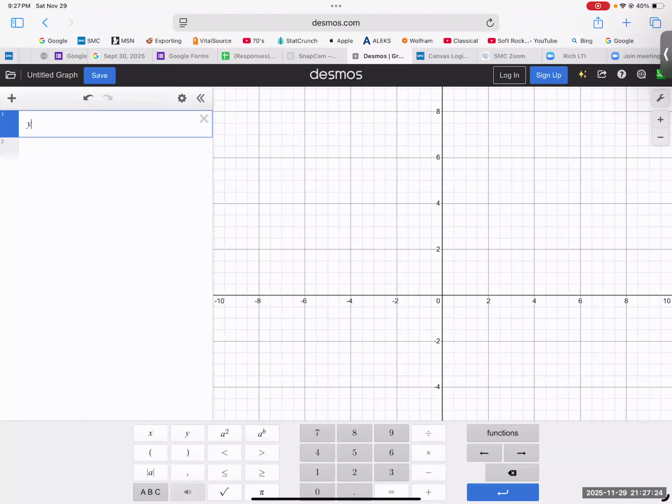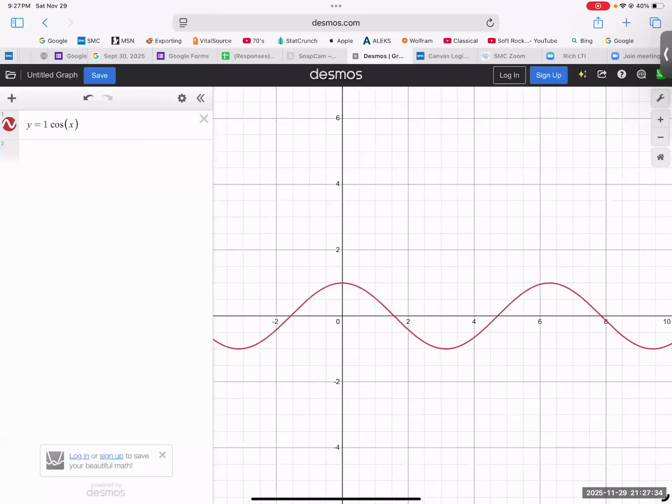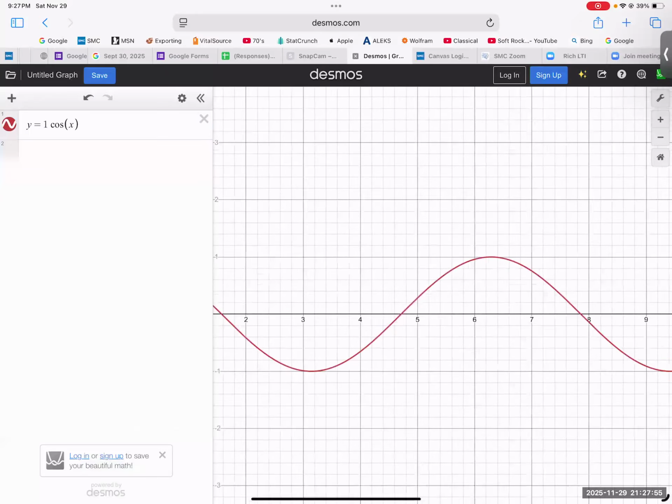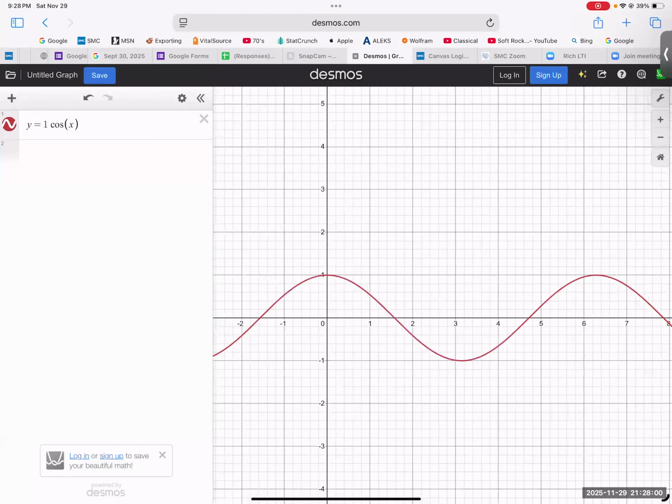So here is the basic function y equals positive 1 cosine of x. One cycle has length 0 radians to 2 pi. 2 pi is 2 times 3.14, about 6.28. And so here you see 6, and a little past 6 will be 2 times pi radians, 2 pi radians.